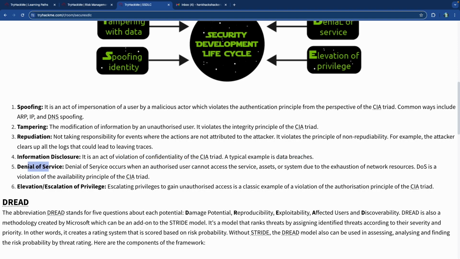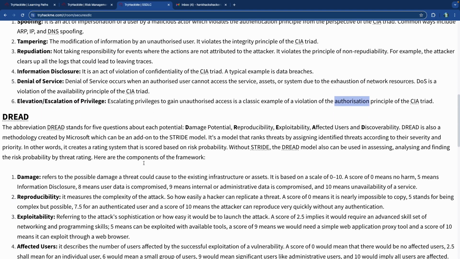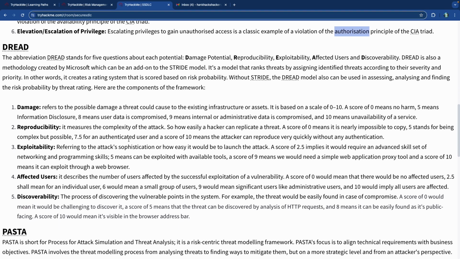Denial of service, we've talked about this. They can't access the service, so it goes through the availability principle of the CIA triad. And then elevation and escalation of privileges to gain unauthorized access, and it is part of the authorization principle of the CIA triad.